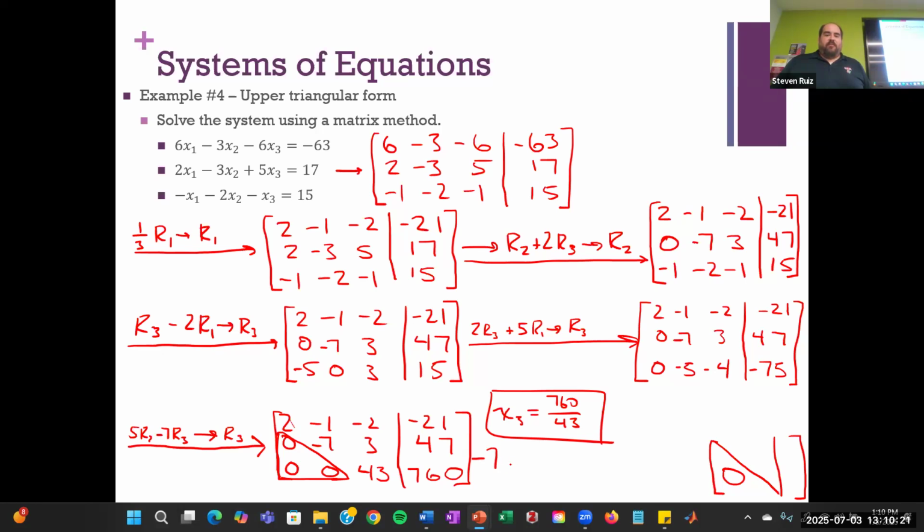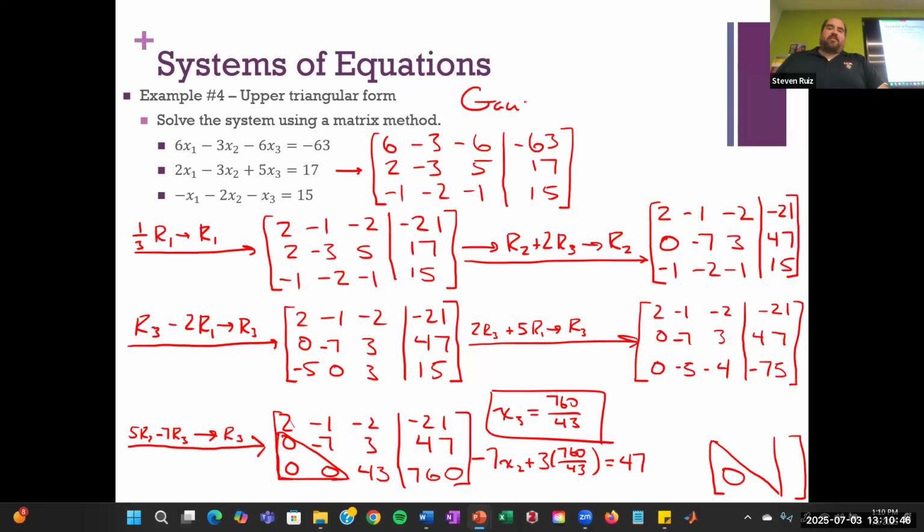So negative 7x2 plus 3 times this hideous beast equals 47. I believe wholeheartedly you could do that and then iterate it one more time to find x1. So that's essentially what the goal of that section is.